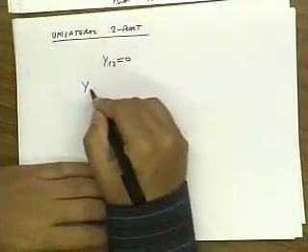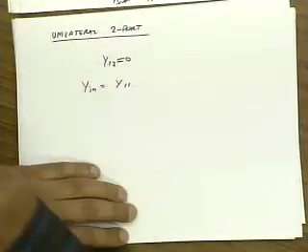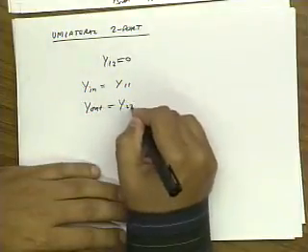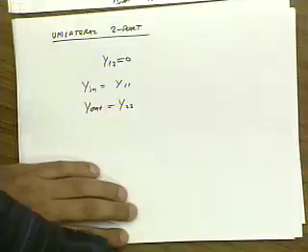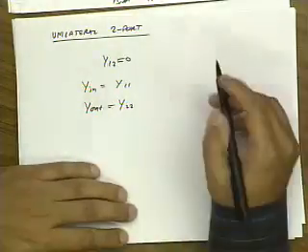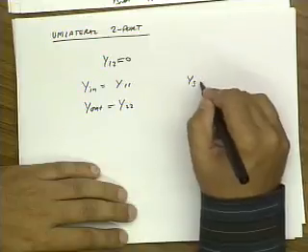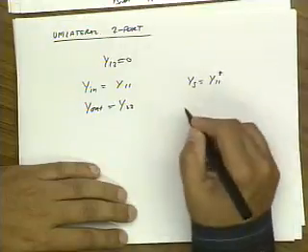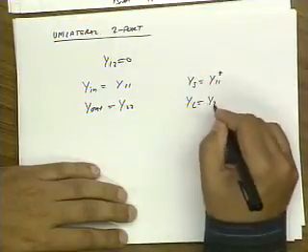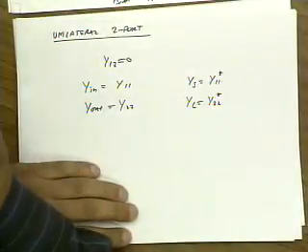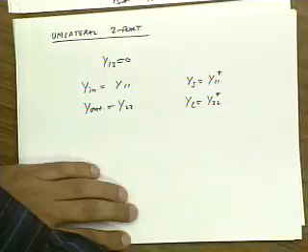That means that y in is simply y11, and y out is simply y22. So it's trivial, right? To get a complex conjugate input and output match, I simply make YS equal to y11 conjugate and YL equal to y22 conjugate. Make sense? Very simple.